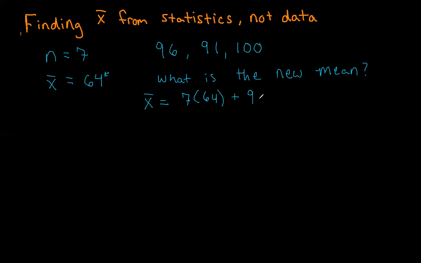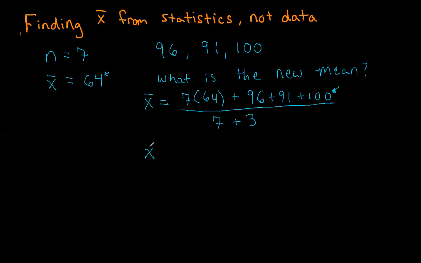So we could add 96, add 91, and add 100. And then we can divide all this by the number of observations. So we had 7 to begin with, but we're also adding 3 new observations. We're adding the 96, 91, and 100. So we're adding 3 new observations, which brings us to 10 students total.